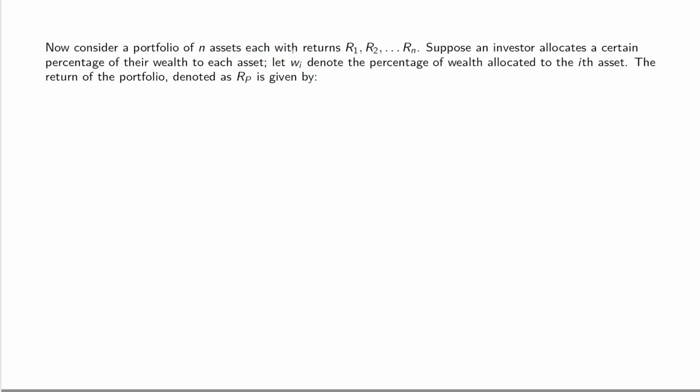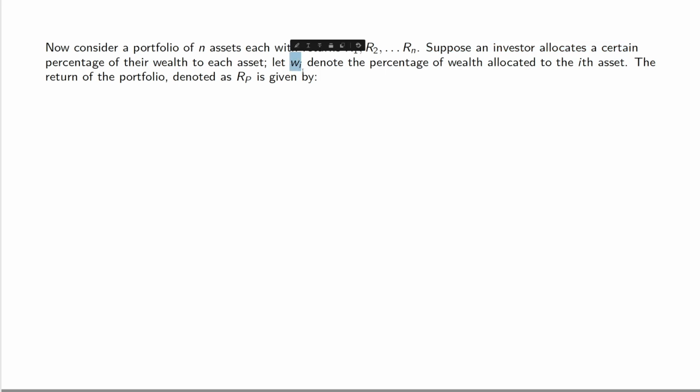So let's suppose we're given a portfolio of N assets. And each of those assets, we're going to say, has return 1, return 2, all the way up to return N, which represents the return of the nth asset. And then suppose an investor allocates a certain percentage of their wealth to each asset.